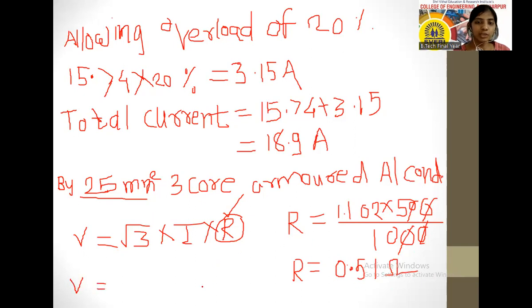So next, you have to put this value in this formula. Root 3, how much is the current per phase? It is 18.9 multiplied by 0.51.